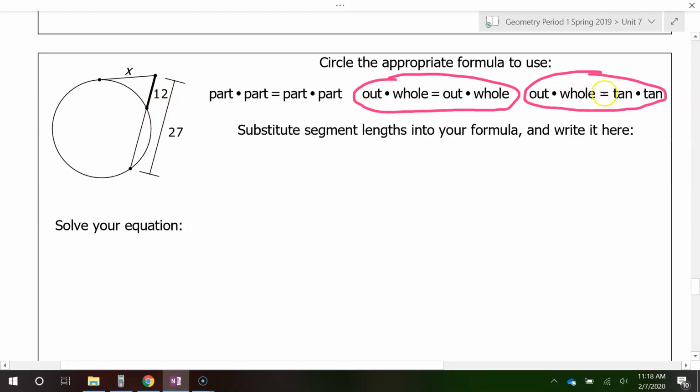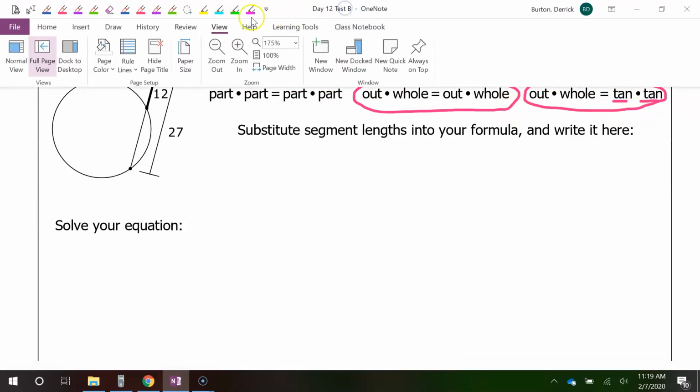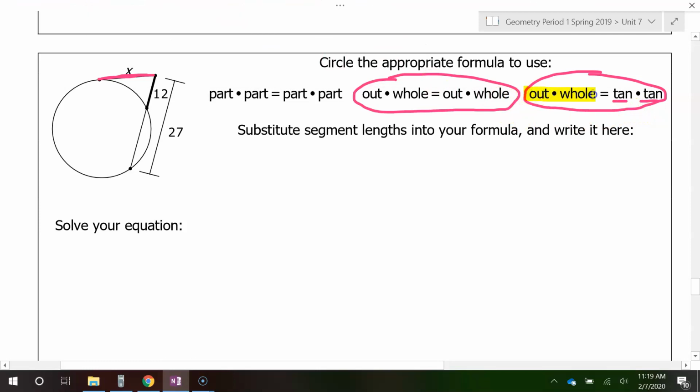It's just that in this special case, when you have a tangent segment, which is what x is, then the tangent segment is the outside part and the whole. So really, sometimes it's more convenient to think of it as a new formula.